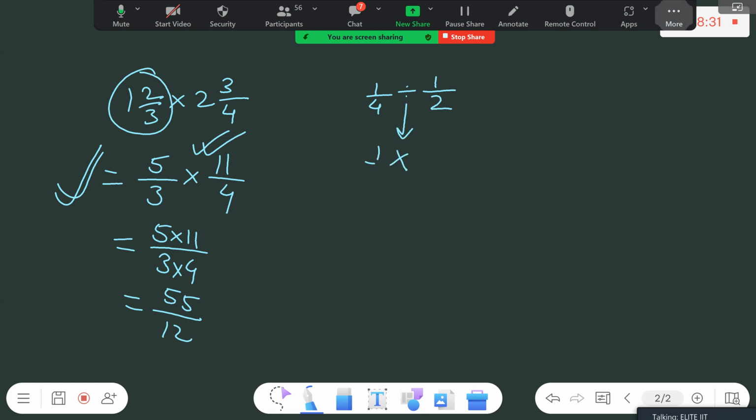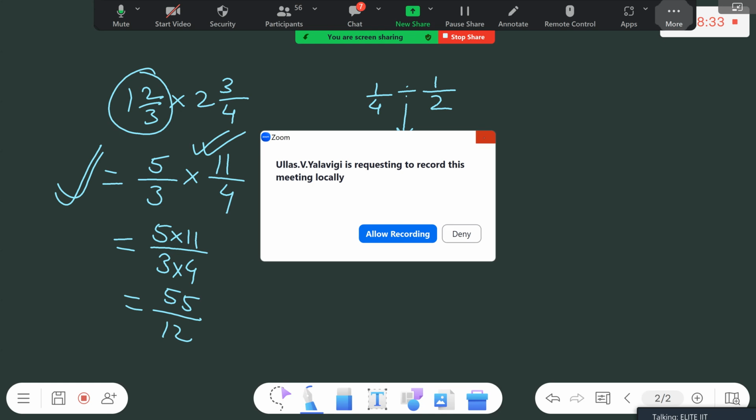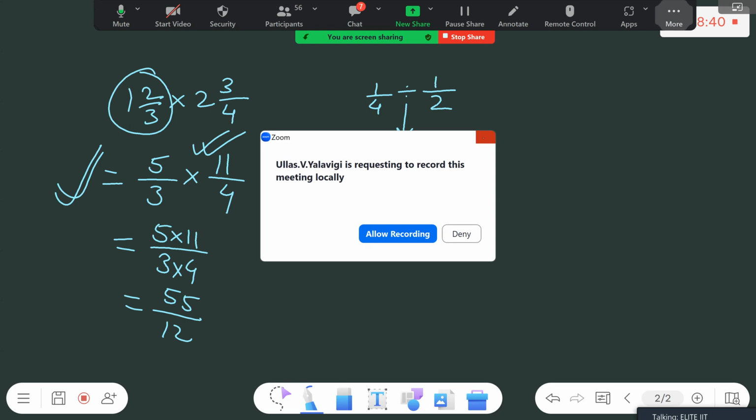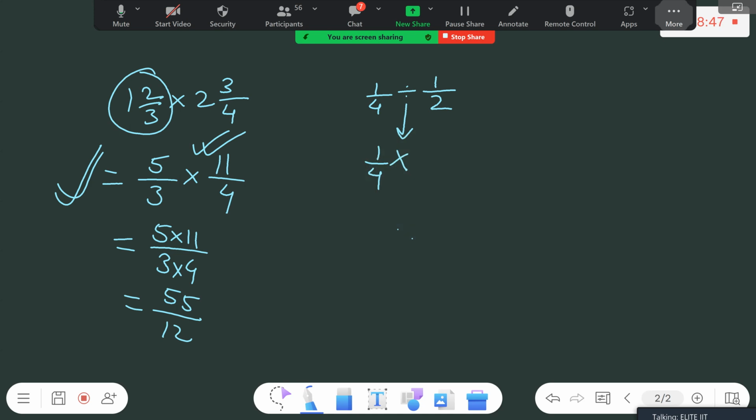And how to do that? We'll keep the first term as 1 by 4, and the second term we'll take the reciprocal of, isn't it? 2 by 1. We'll convert the division into multiplication by taking the reciprocal of the second term.